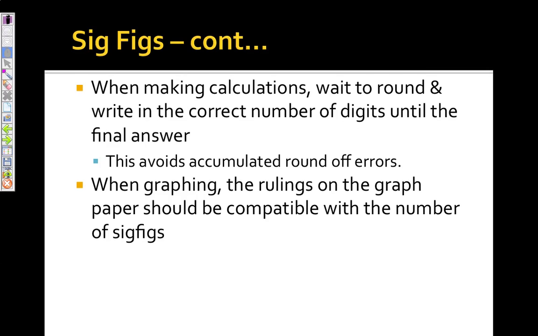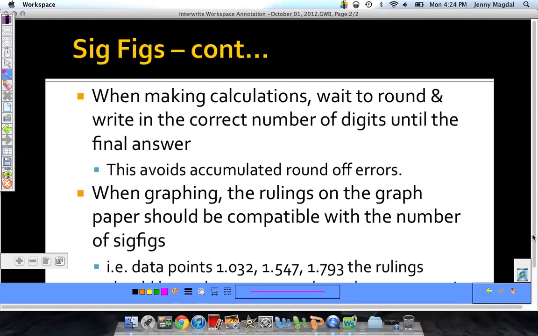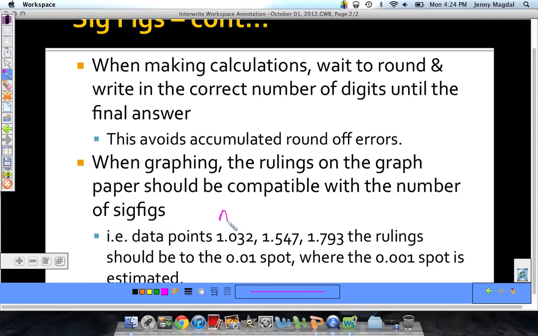When we graph, we want to make sure that the rulings on the graph paper could be compatible with the number of Sig Figs that we have. For instance, if we have the data points 1.032, 1.547, 1.793, and let's assume that this is analog. We assume that this is an analog value, then each of these ending numbers is my estimate.